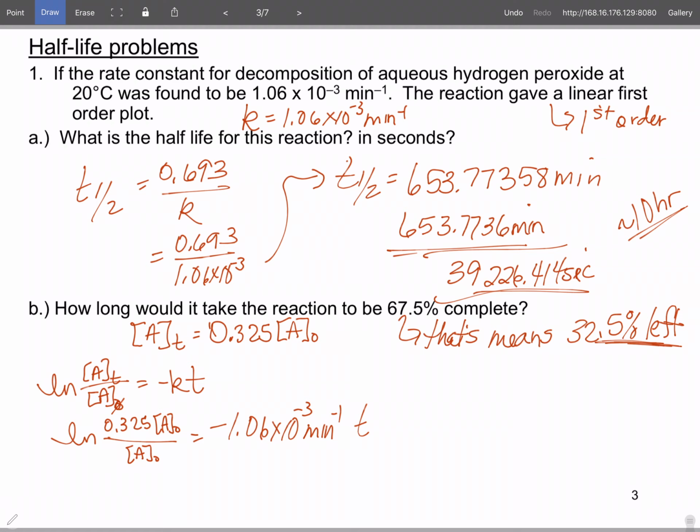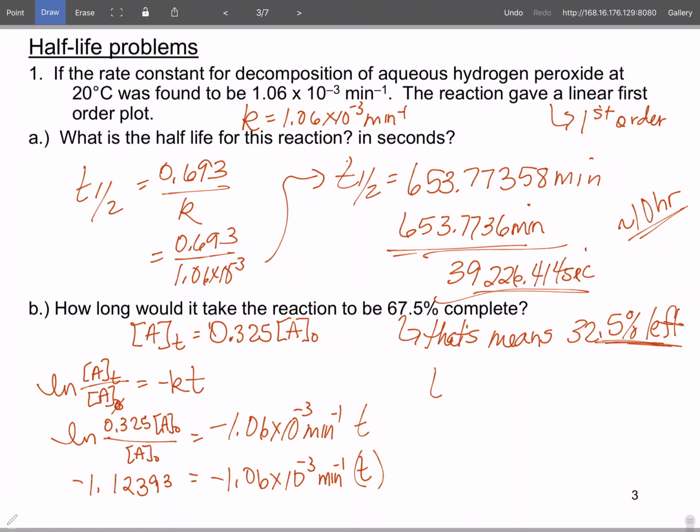Alright, so if we do the math, we get negative 1.12393 is equal to negative 1.06. Be careful to not drop the negative, because you should always end up with a positive time.